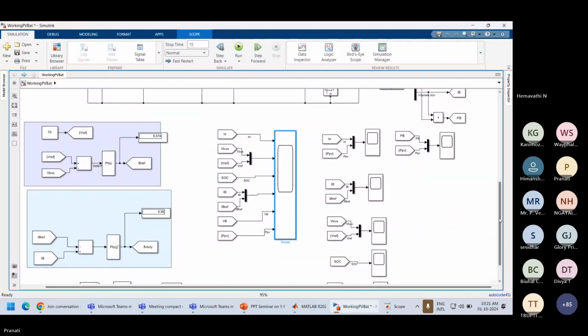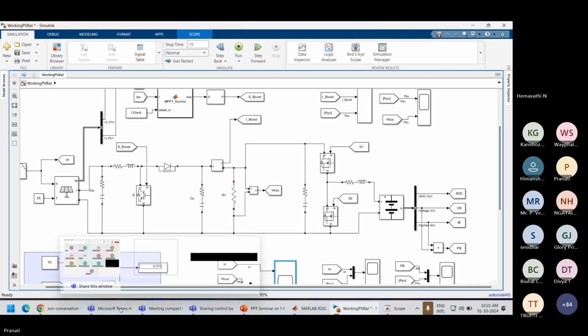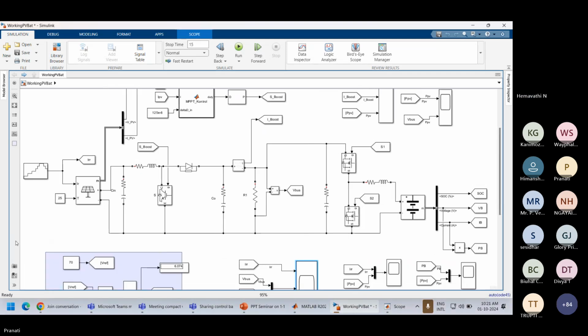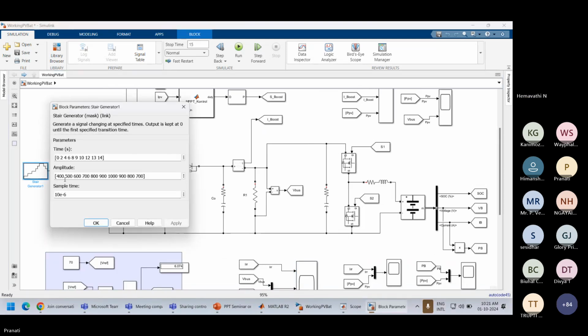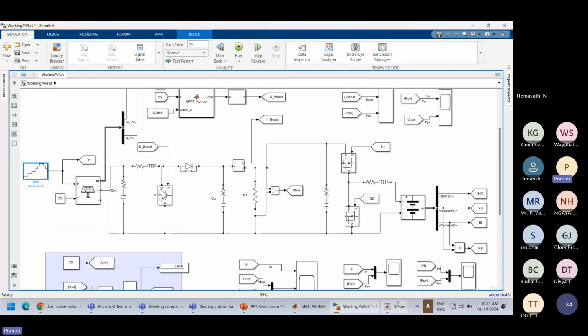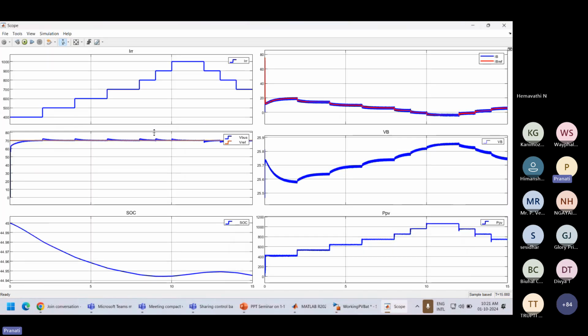See from this one: 400, then 500, 600, 700, 800, 900, then 1000. Then irradiance also decreases.